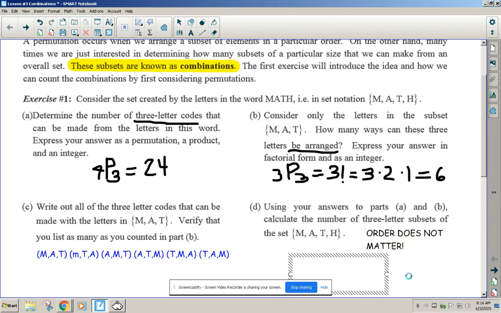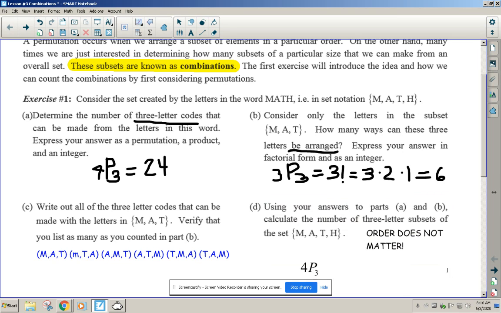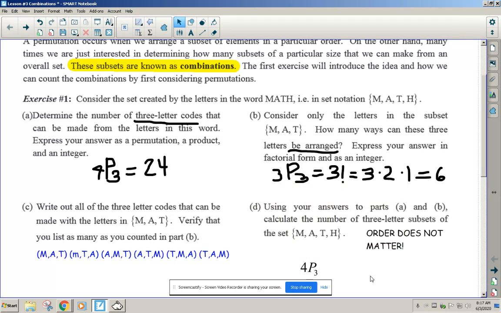Let me see if that actually worked. Actually, once this doesn't work, you can't fix it. I forgot about that. So let me just get rid of this and start it again. All right.